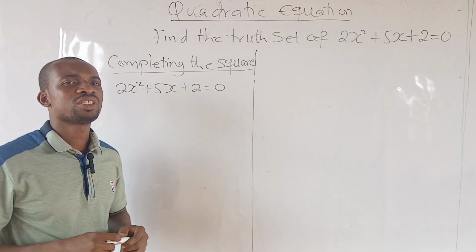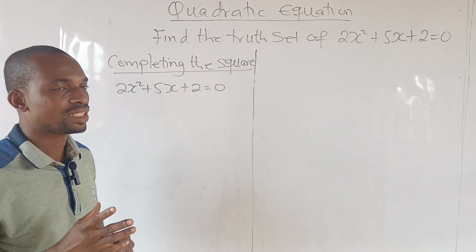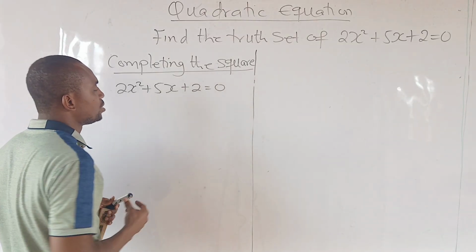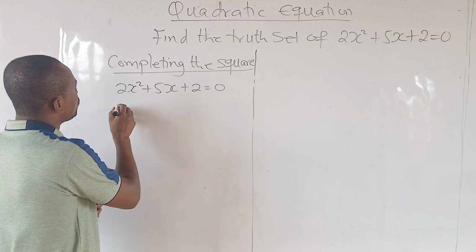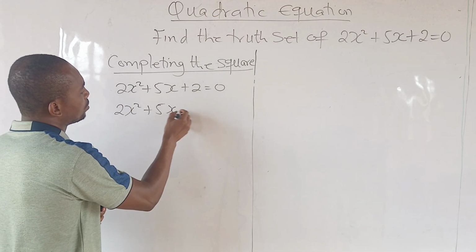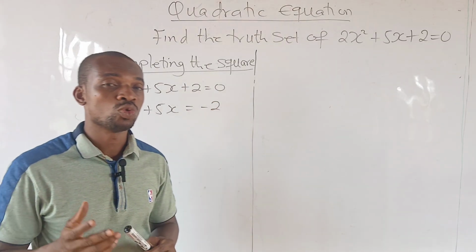So now when you are using completing the square, the first thing you have to do is move the constant term from here to the other side. So 2x squared plus 5x will be equal to negative 2.